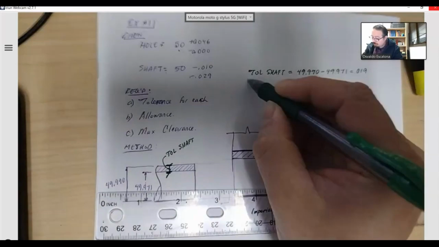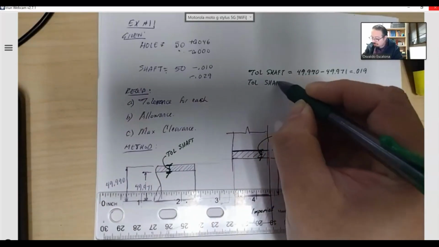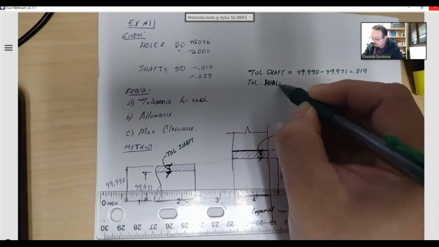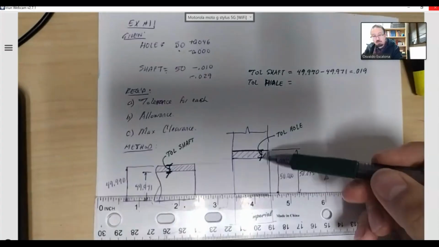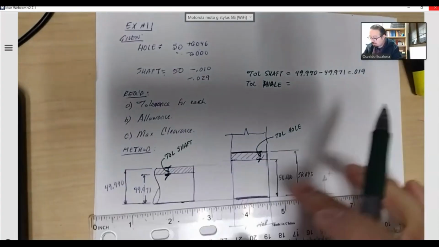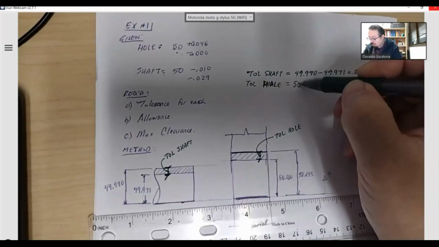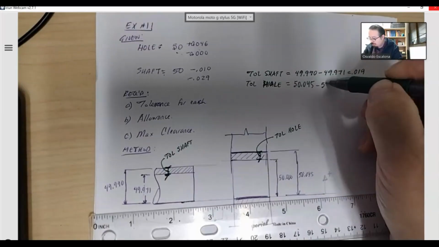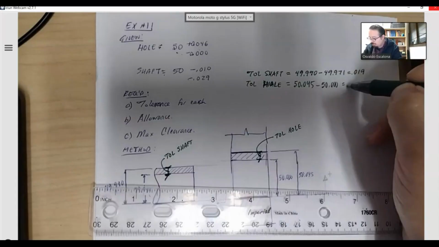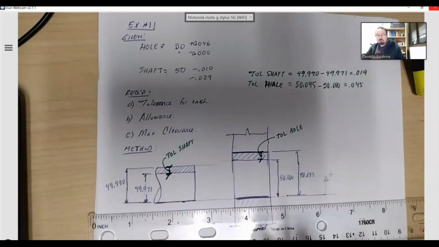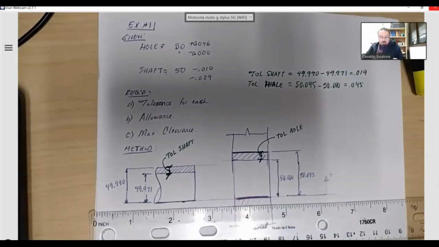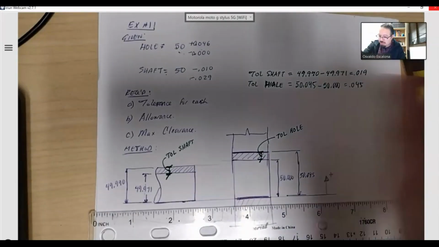If I were to do the tolerance of the hole, it's this little leeway right here, right? That's the hole. So I just find the difference between them. 50.045 minus 50.000 is 0.045. Boom. I got them both. And I just did it with the sketch. Let's continue messing with the sketch. The sketch tells you actually everything that you need.